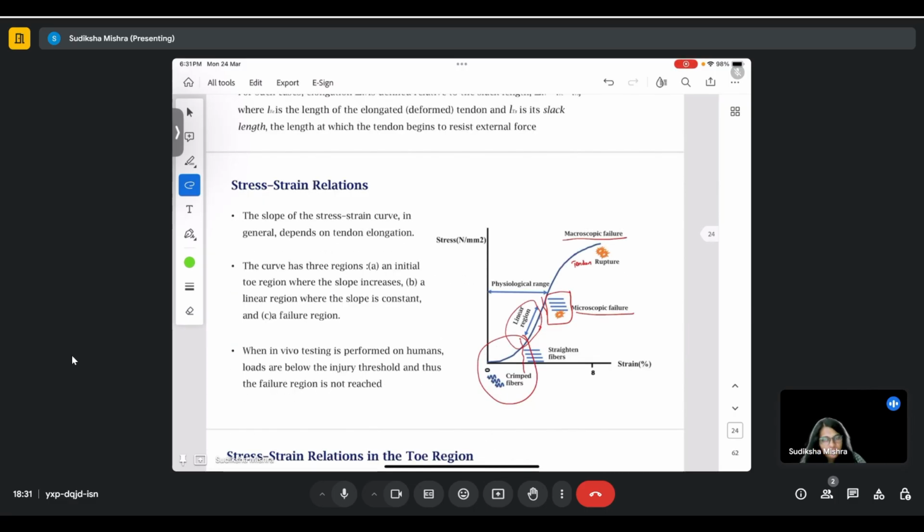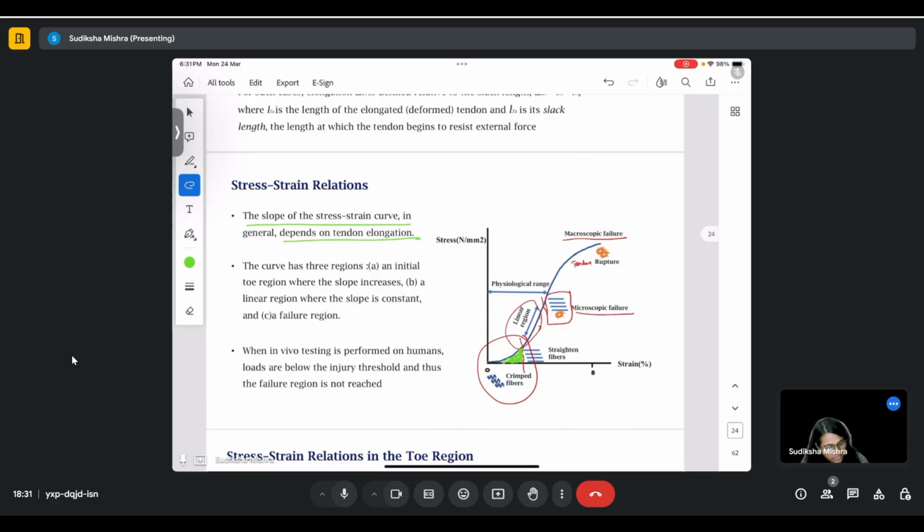If you look at the stress strain curve for a tendon, you can see that it's a sigmoidal curve, not a linear curve. The slope of the stress strain curve depends on the tendon elongation. What condition the tendon is in gives an idea of where the stress lies. There are essentially three areas. One is the toe region, which is here.